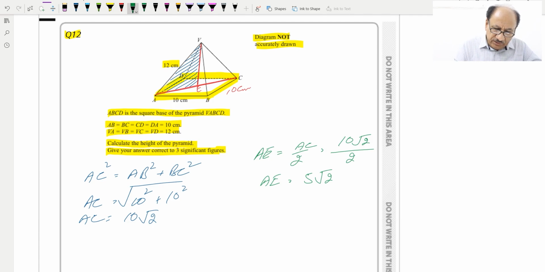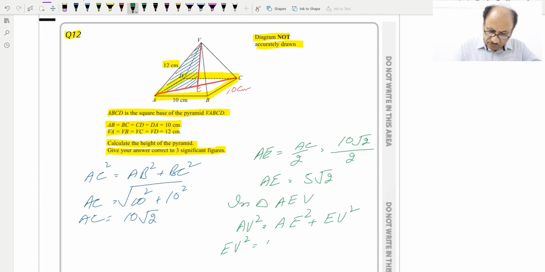After finding AE, in triangle AEV we will apply Pythagoras theorem. So AV square is equal to AE square plus EV square, and EV is required, which is the height. So EV square is equal to AV square minus AE square.